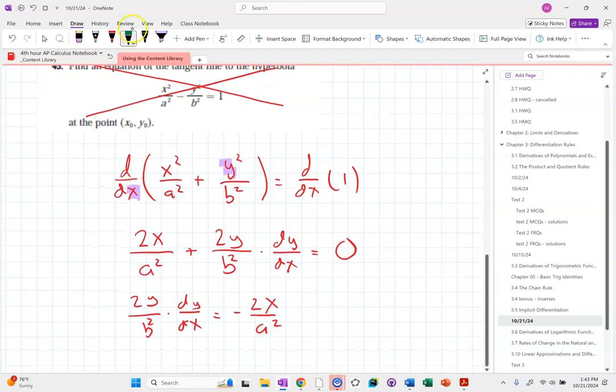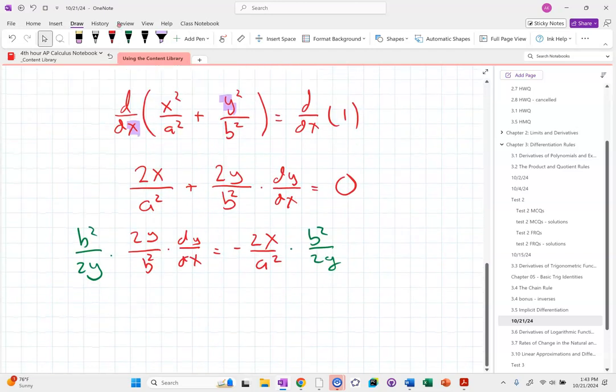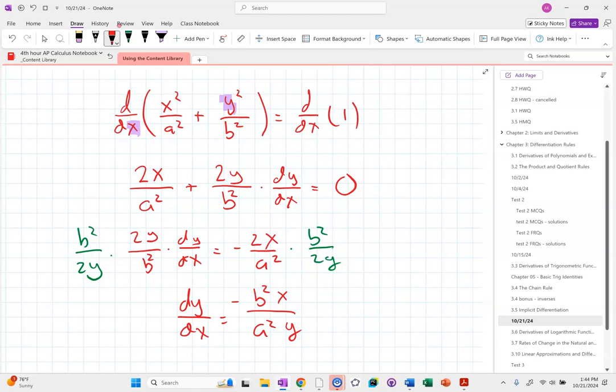And then I'll multiply by the reciprocal to get the dy dx by itself. So far, so good.